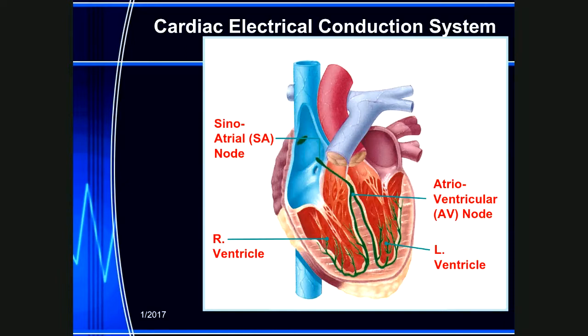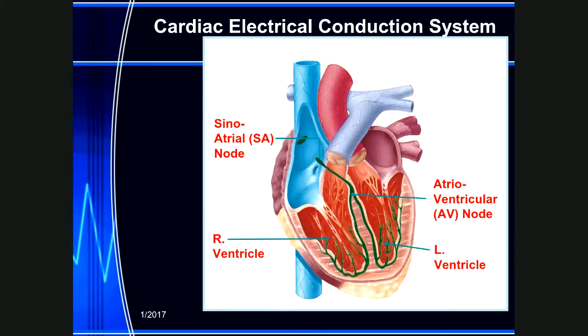The mechanical contraction of the heart is controlled by an electrical impulse generated by the sinoatrial node, the SA node. The SA node is the pacemaker of the heart. The SA node is what sets the heart rate between 70 and 100, which is a normal heart rate.